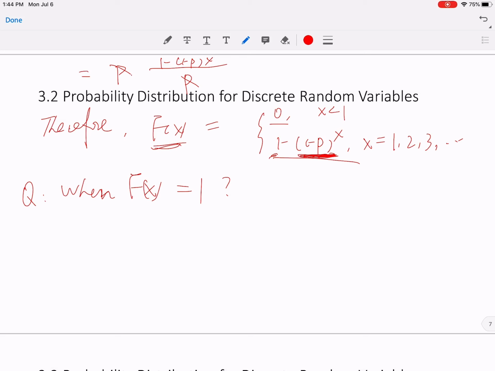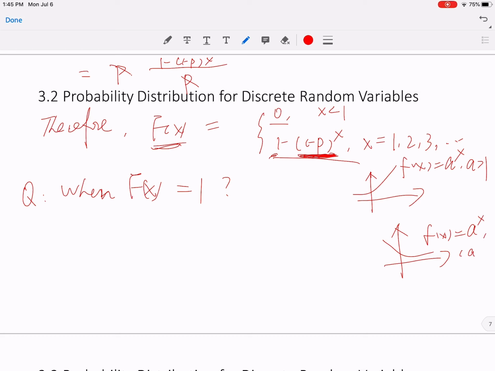Now let's take a look at the graph of an exponential function. We know for an exponential function, it looks like this. If f of x is equal to a to the power of x, and a is greater than 1, that would be an increasing function. And it would be decreasing if a is between 0 and 1.